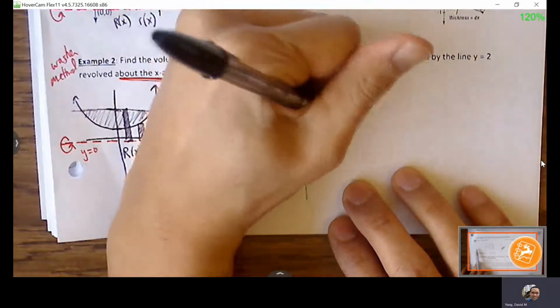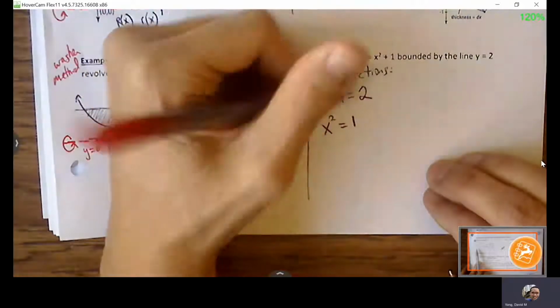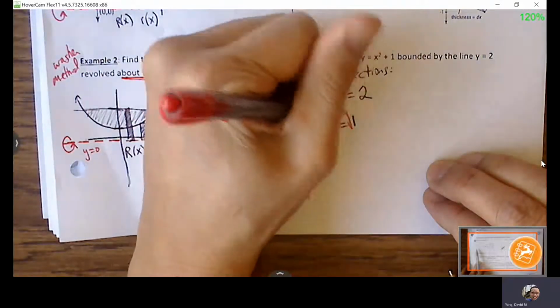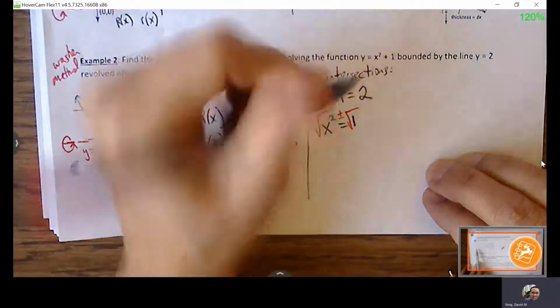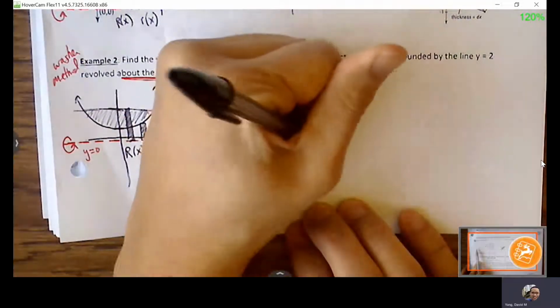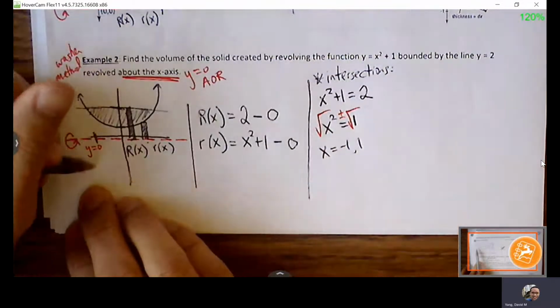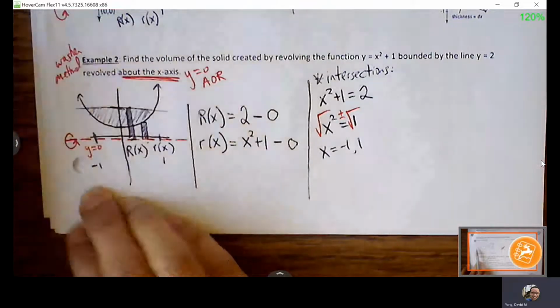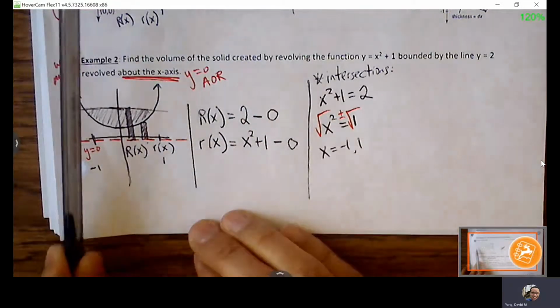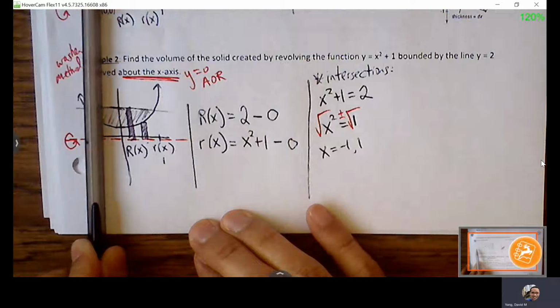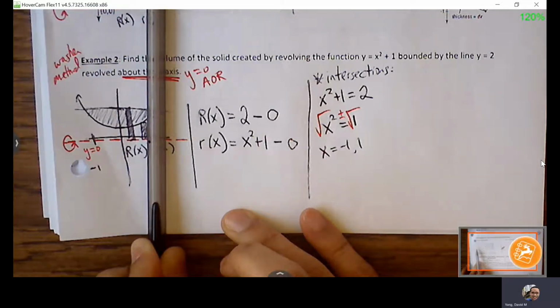X squared equals 1. Take the square root. What happens when we take the square root? Plus or minus, right? We have 2 values that come out of this. So -1 and 1, and those are the bounds that we have. Right, we're stacking these circular disks from -1 all the way to the other end, to +1.